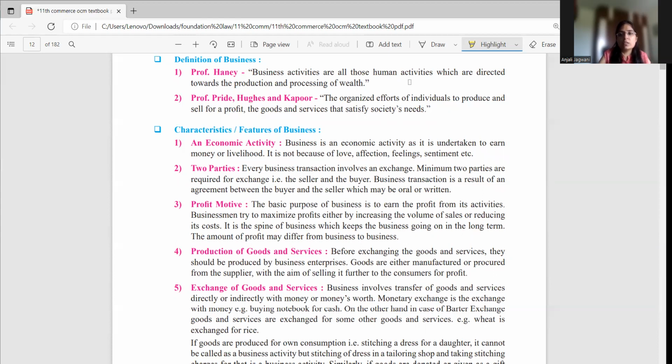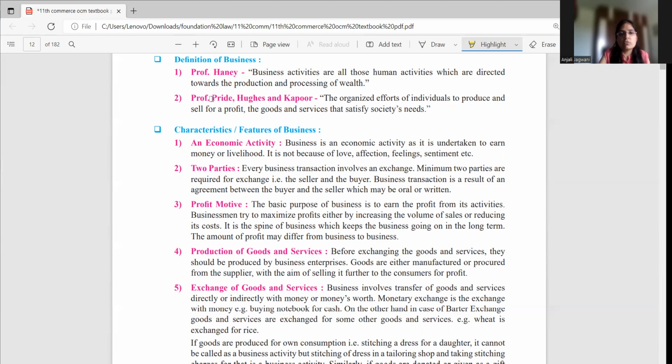Nobody is doing this for non-monetary benefits, because if something is done for no monetary benefits, then it is a non-economic activity. So in simple words, Professor Haney has said that business activities are all those human activities which are directed towards the production and processing of wealth.